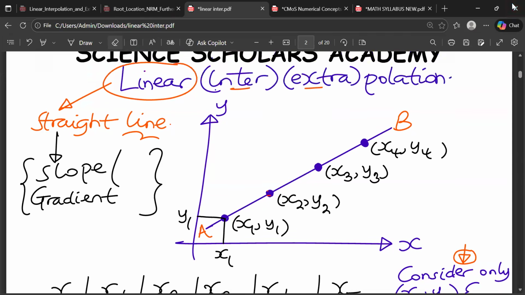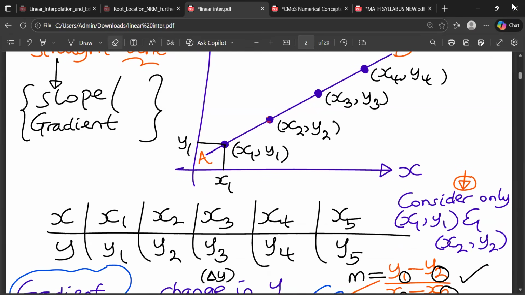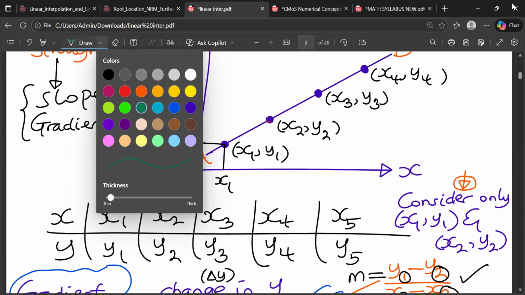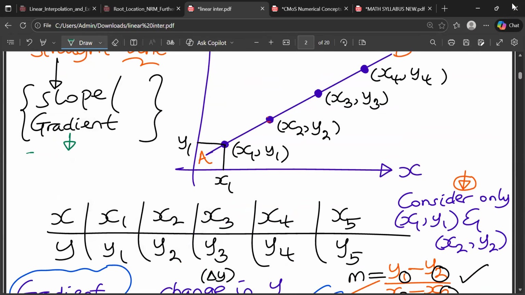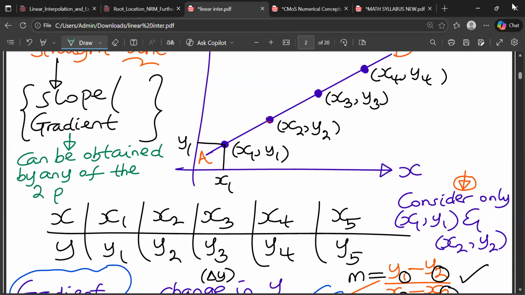So in the sketch, the gradient or slope can be obtained by any of the 2 points.